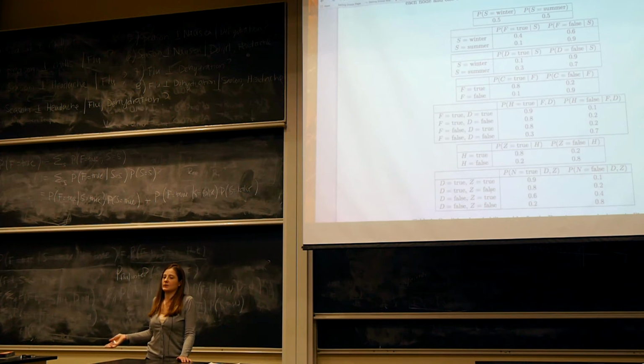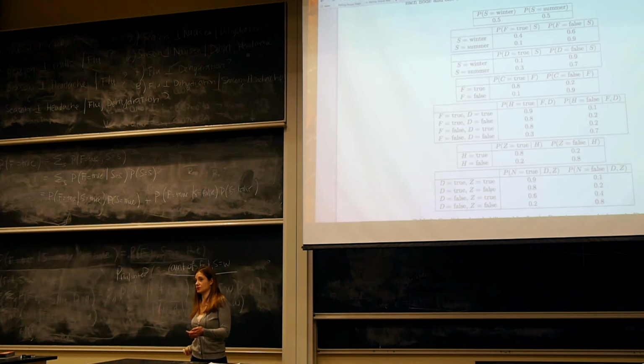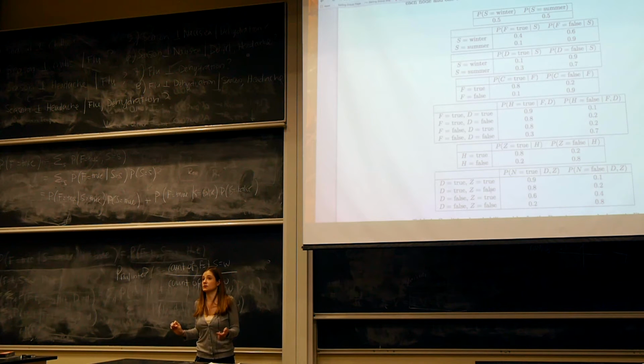And if you recall from when we learned about MAP estimates, when you have a beta prior over the parameter of a Bernoulli distribution, the MAP estimate is basically, so the MLE estimate would be this: the count of the number of cases where flu equals true and season equals winter, divided by the count of season equals winter.